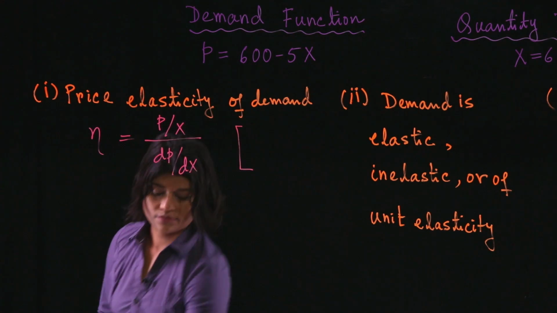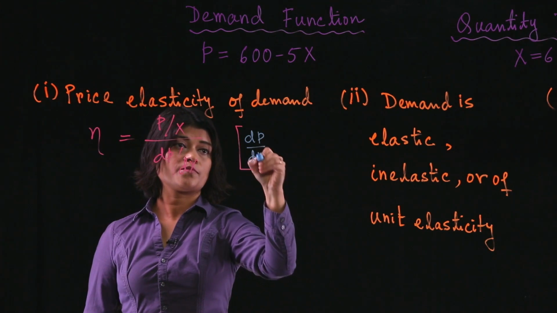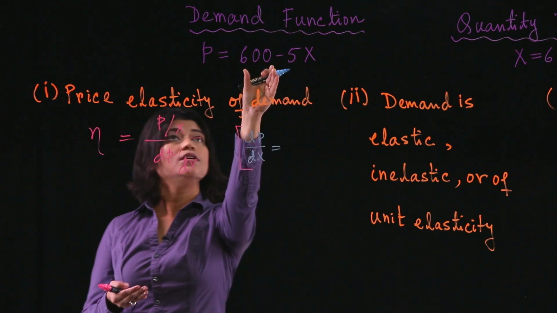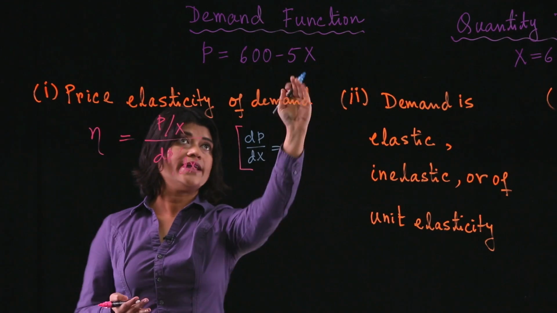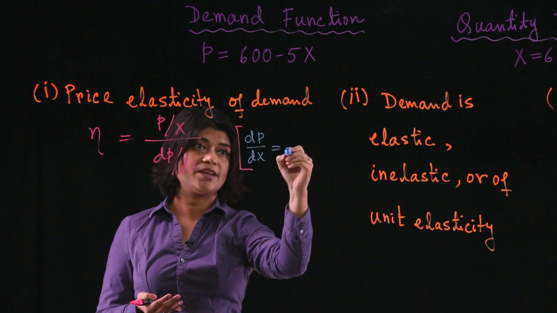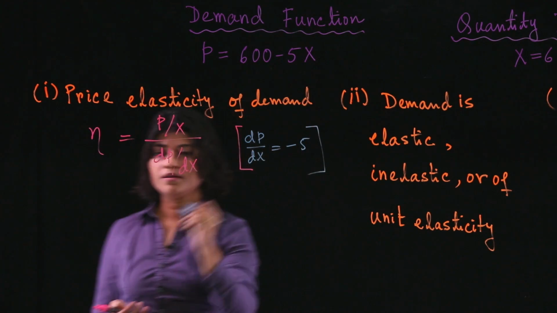What is dP dx? P is 600 minus 5x, so you're taking the derivative. Well, the derivative of 600 is just a constant, so it's 0. And then for negative 5x, the derivative is just negative 5. So that is dP dx.